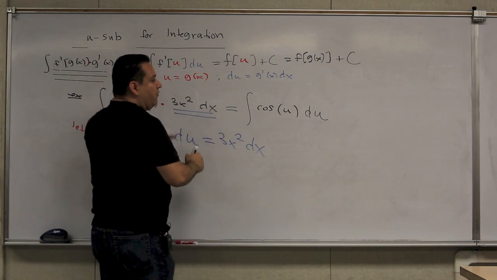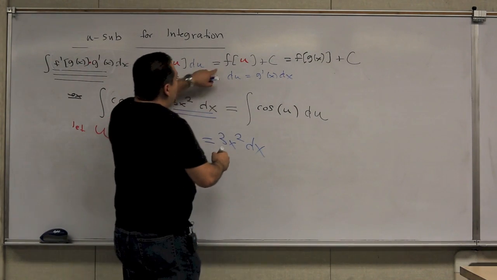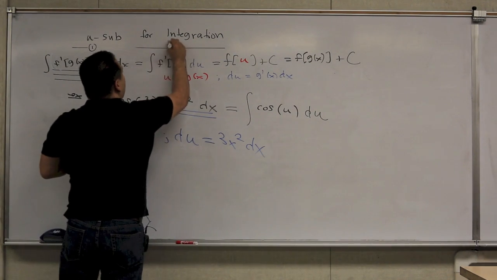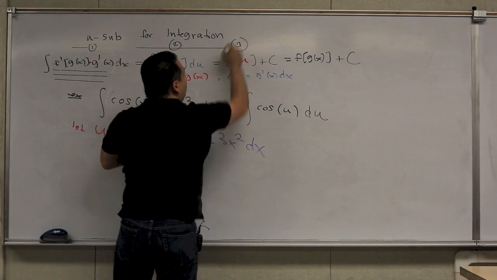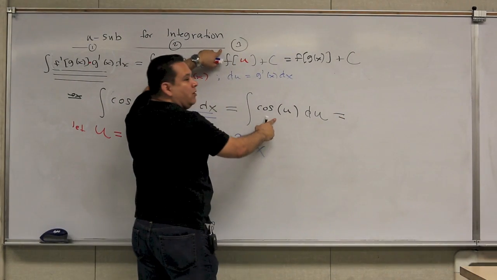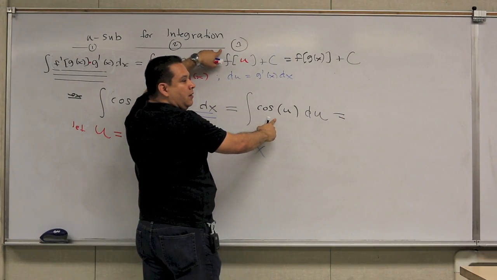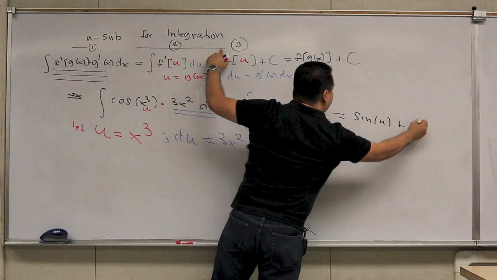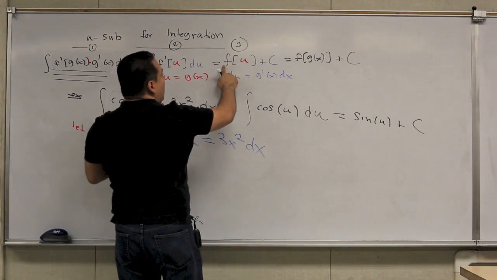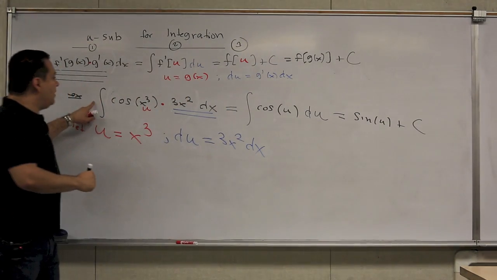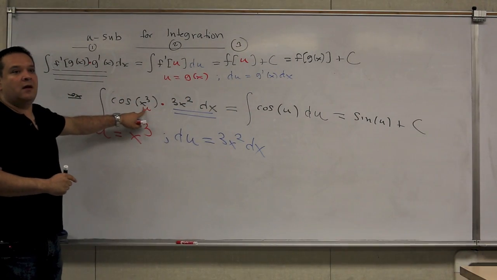What's the integral of cosine u? Right, we're right here now. Here's maybe 1, 2, 3. We're at step 3 now. What's the integral of cosine u? Sine u plus C. Here's my sine u plus C. But notice, we had to integrate a function of x.